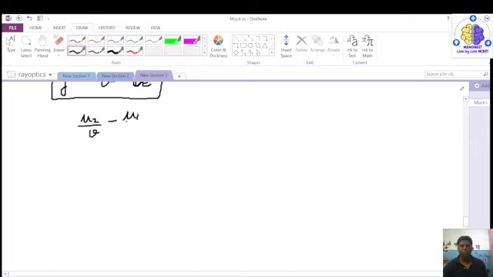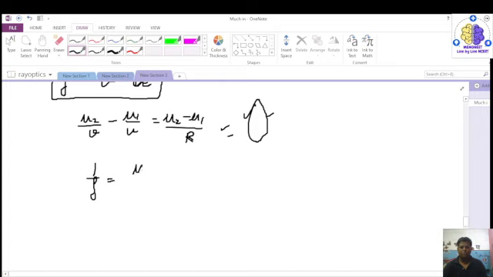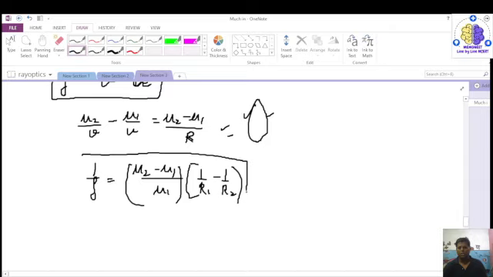Again we are not getting into the derivation, simply I'm trying to tell you that using this basic formula we get the lens maker's formula, which is given by 1 by f is equal to (mu2 minus mu1) upon mu1 into (1 upon r1 minus 1 upon r2), right? This is the lens maker's formula.